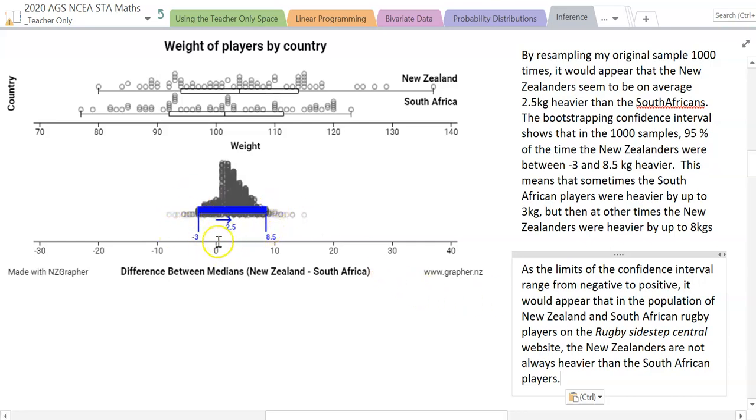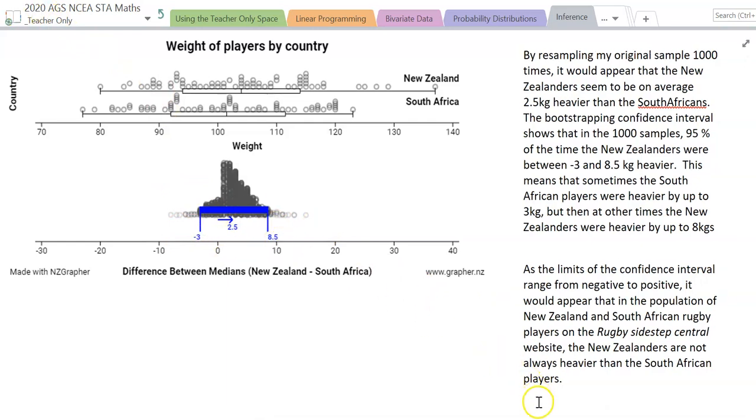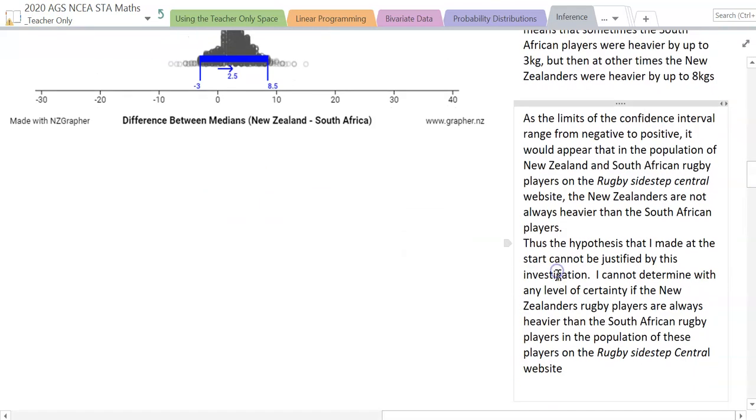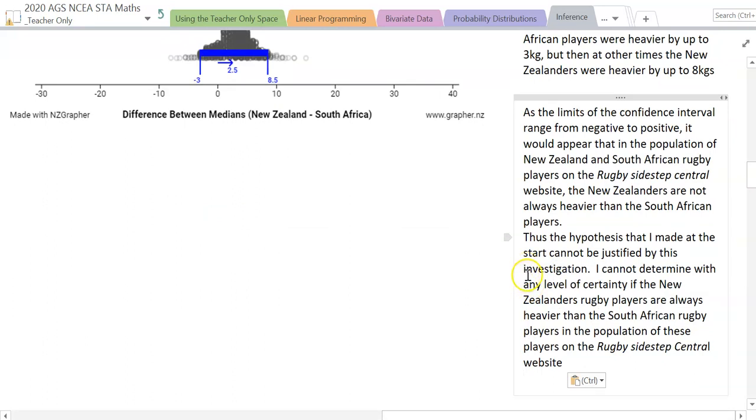The fact that we straddle 0 over there means that we can't always be sure that the New Zealanders are going to be heavier. And so I'll finish this off with one last statement. Thus, the hypothesis that I made at the start cannot be justified by this investigation.